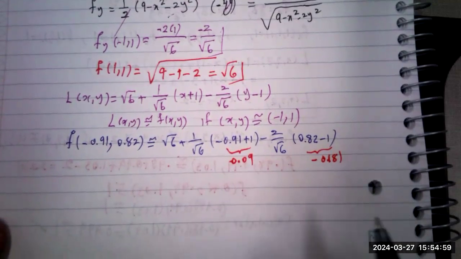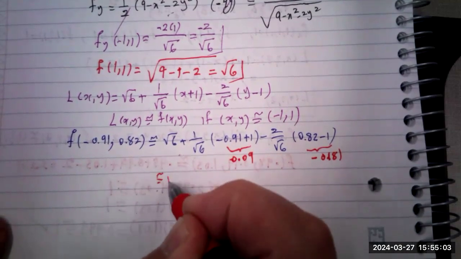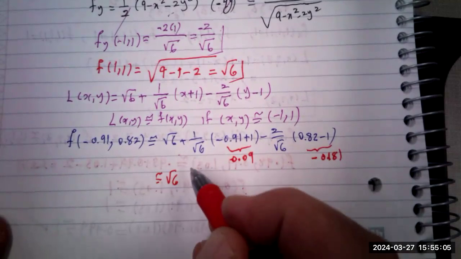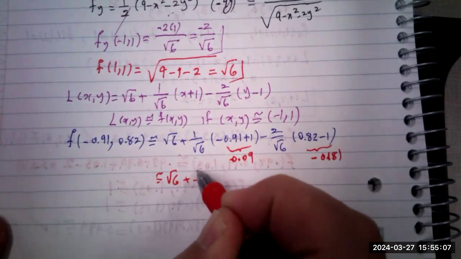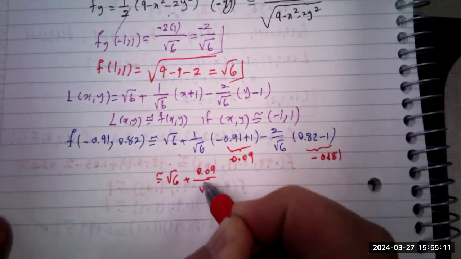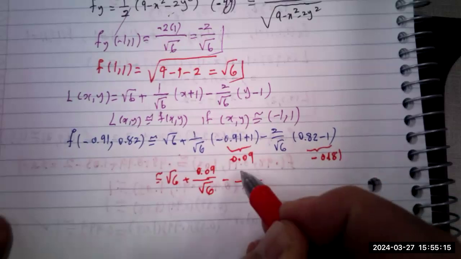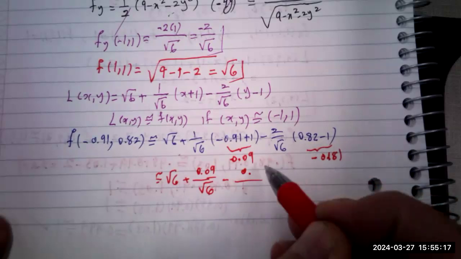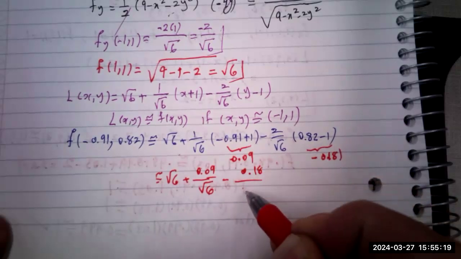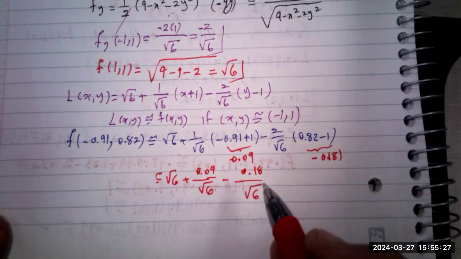In this case, radical 6 is not going to be a nice one, but the way you are going to see it, always it's a nice number. That's 0.09 over radical 6, and this is going to be negative 0.18 over radical 6. Okay, you can put them together, and eventually the calculator gives you this number.